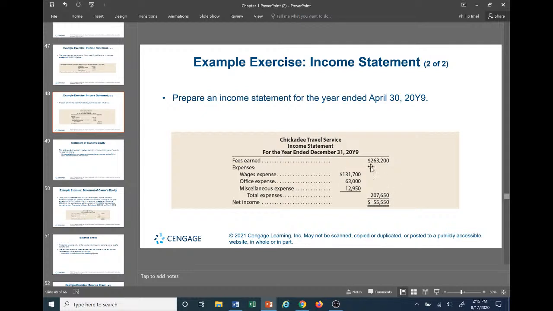Obviously, if we take the fees earned of $263,200 less the total expenses, which are itemized right here, these just break down where you get this total. So if we subtract $207,650 from $263,200, it'll leave us with net income of $55,550. Recall it's net income and not net loss because fees earned were greater than total expenses incurred.